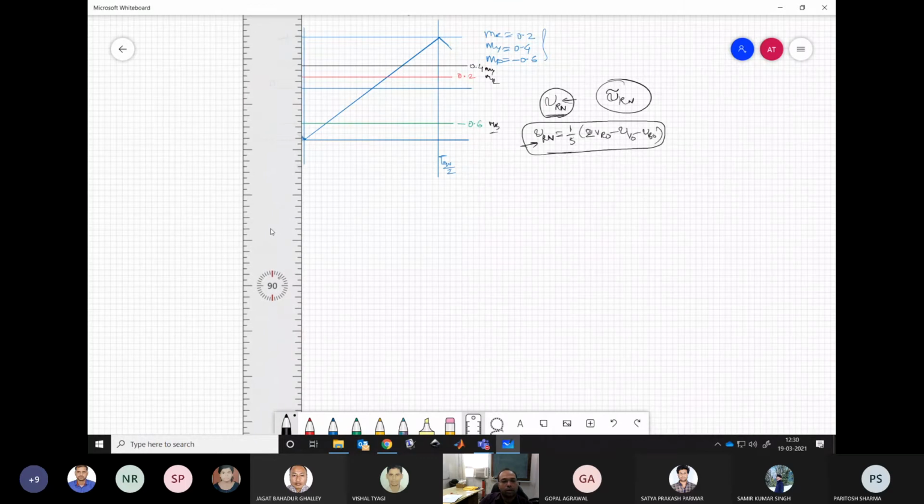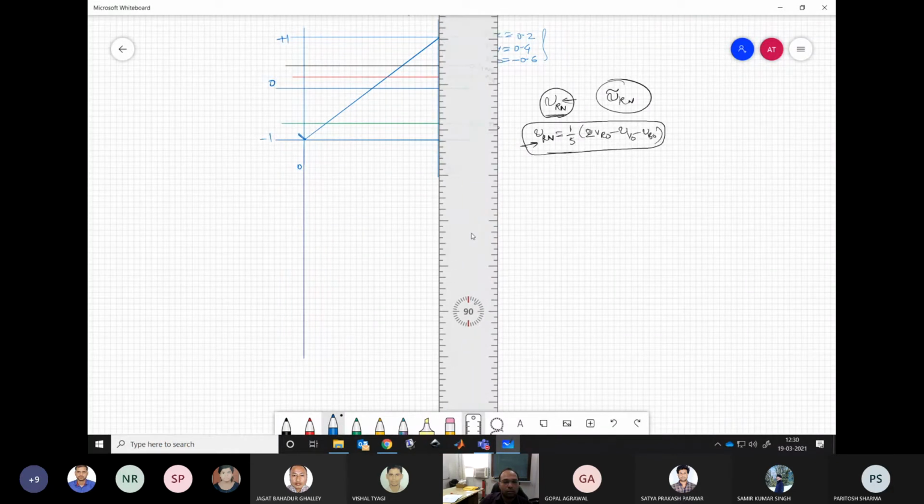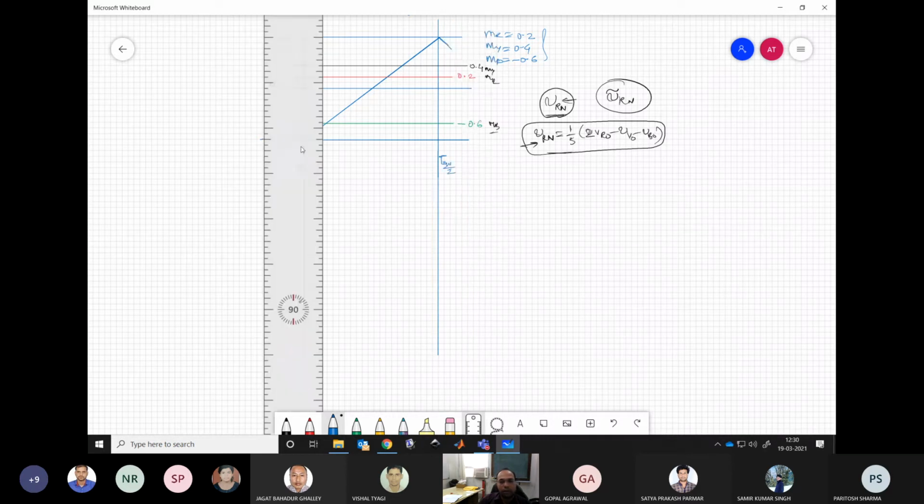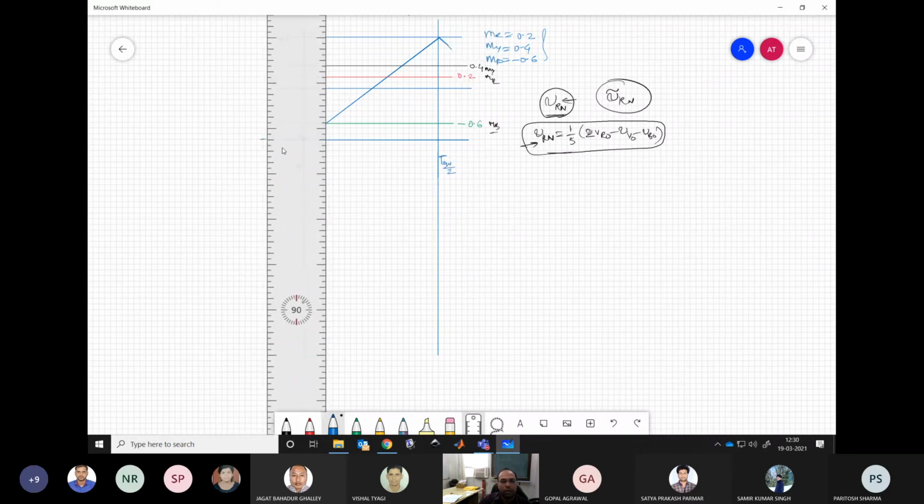Okay, so let me draw the axis again. And we need to demarcate the intervals. Now, see, we are doing comparison between the modulating signal and the carrier. So we need to know where our pole voltage is changing its polarity.